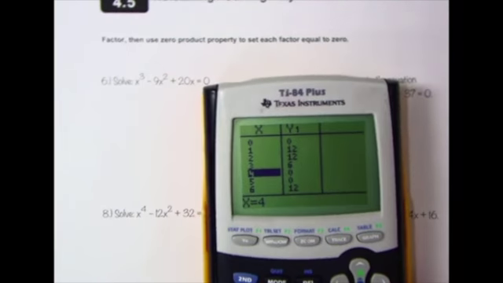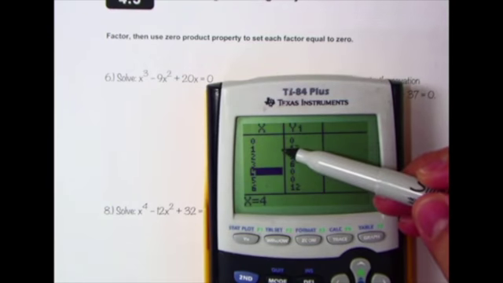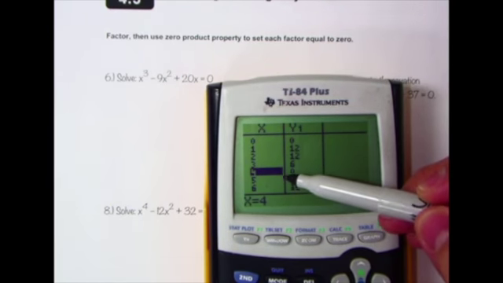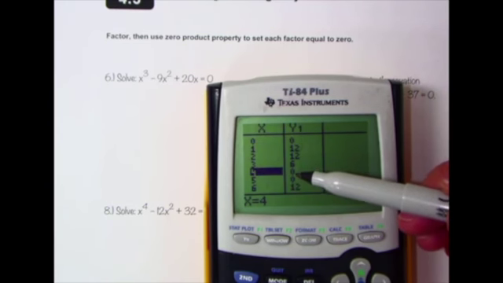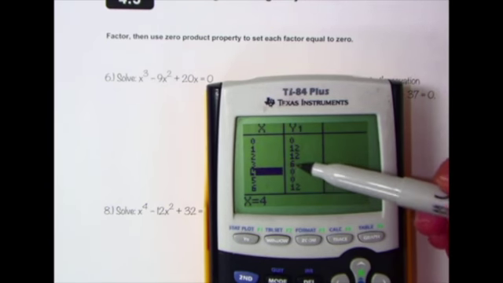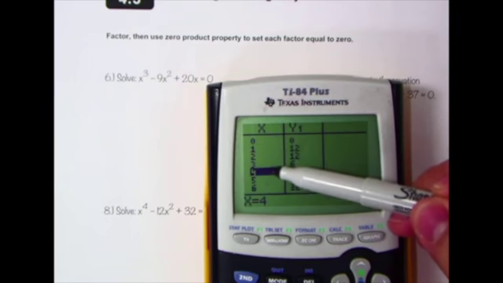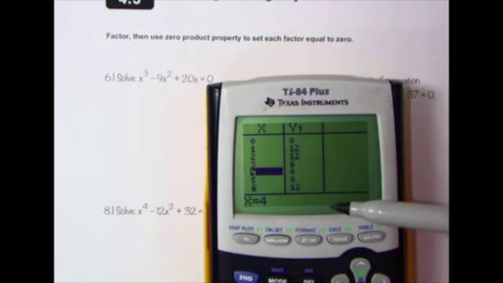Now, if I look at my graphing calculator and I can see all 3 solutions, and they're all whole numbers, then I don't need to do anything else. I know all 3 of my solutions. They're right there, 0, 4, and 5.